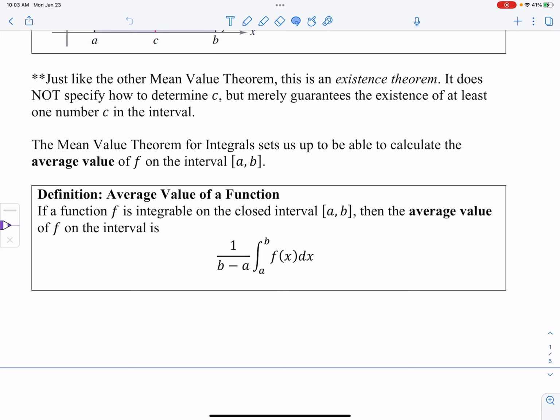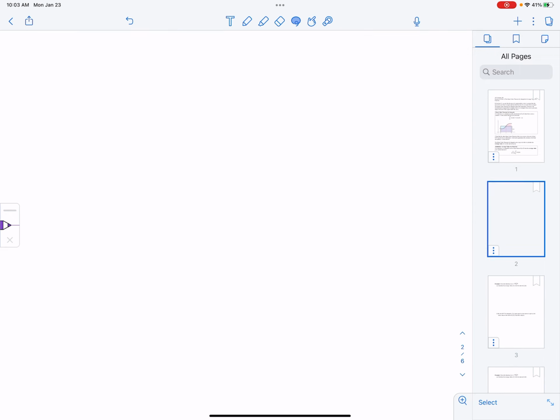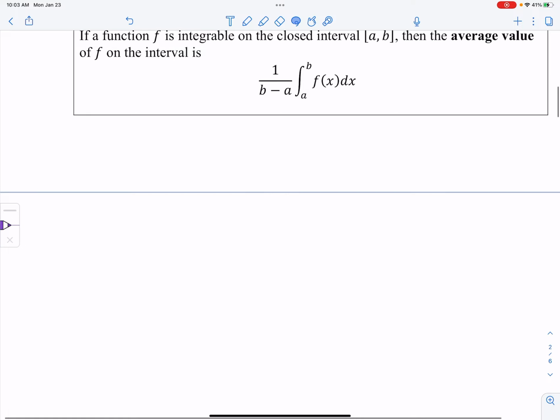But what if you're trying to find the average value of a function on an interval where there are infinitely many values? If we think back to that process that we use for calculating the average value of a finite number of values, we would want to add up all the function values.